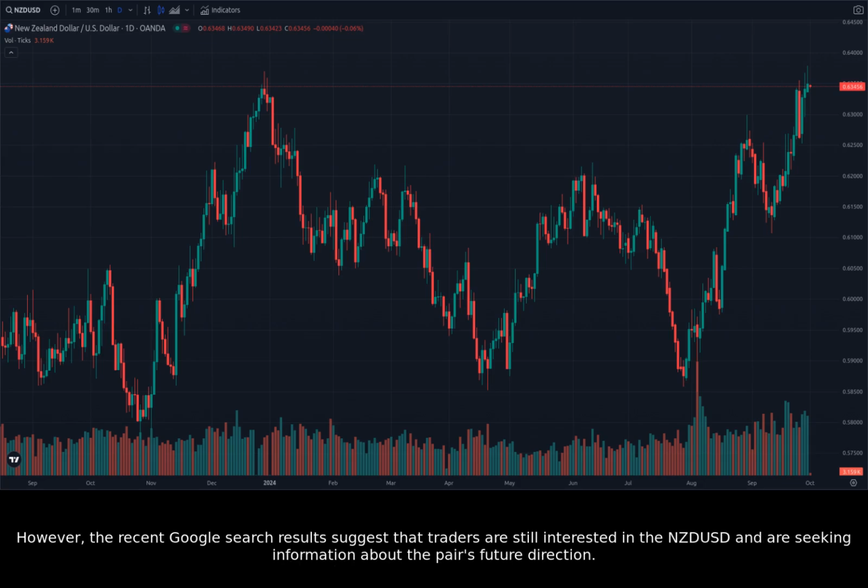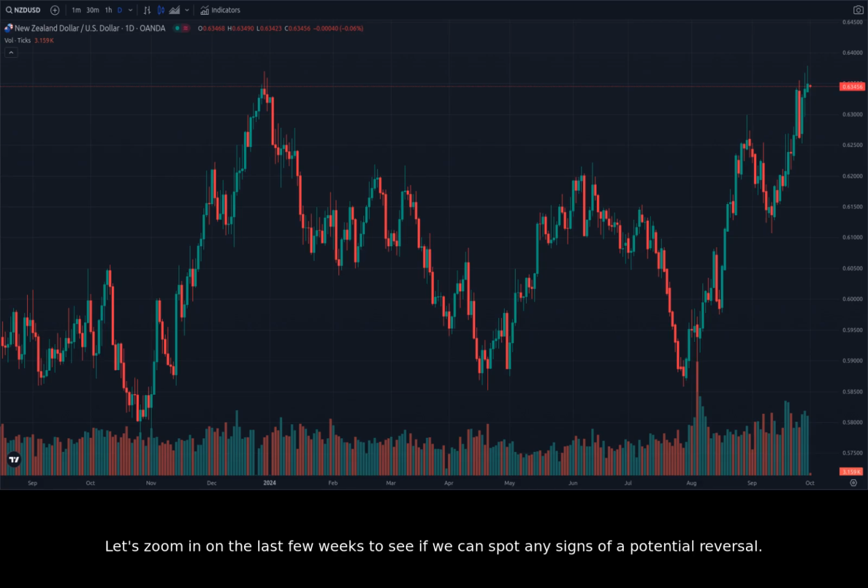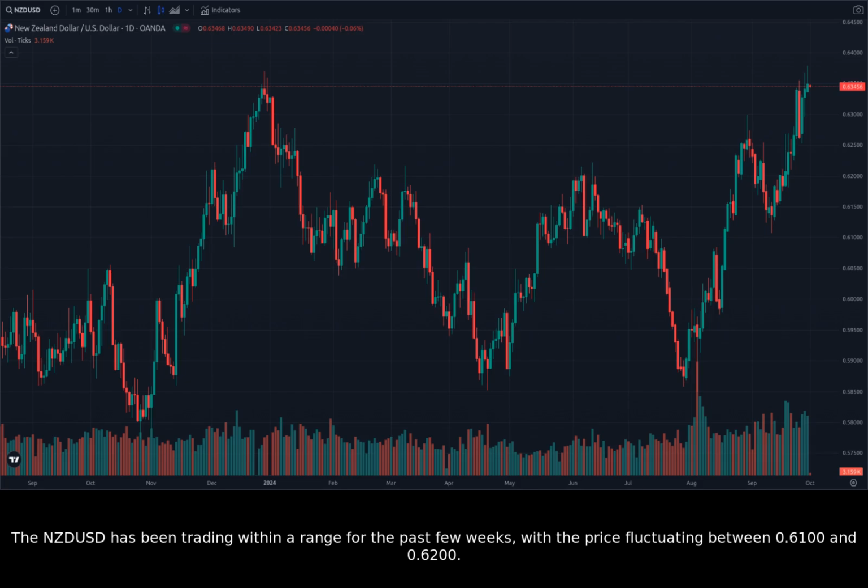However, the recent Google search results suggest that traders are still interested in the NZDUSD and are seeking information about the pair's future direction. Let's zoom in on the last few weeks to see if we can spot any signs of a potential reversal. The NZDUSD has been trading within a range for the past few weeks, with the price fluctuating between 0.6100 and 0.6200.